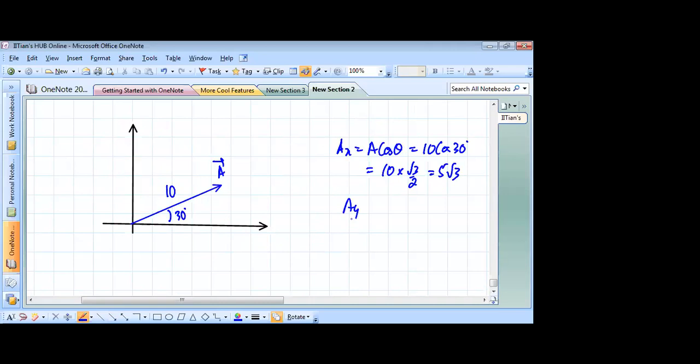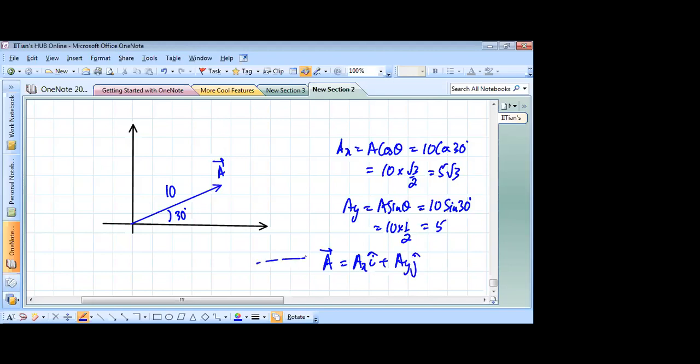A's y component is A sine theta. So that will be 10 sine 30 degrees. So that is 10 into half. So that is 5. So therefore the vector A is what? It is x component times i cap plus y component times j cap.